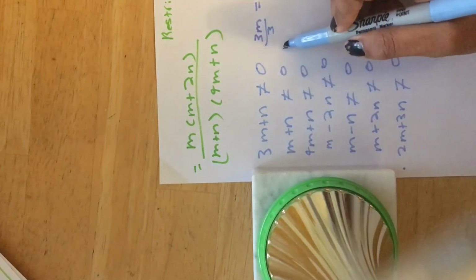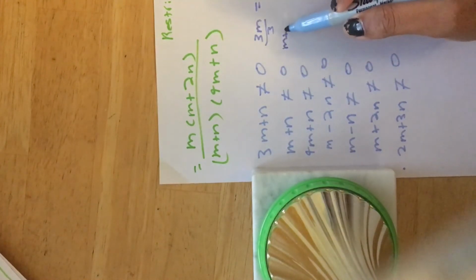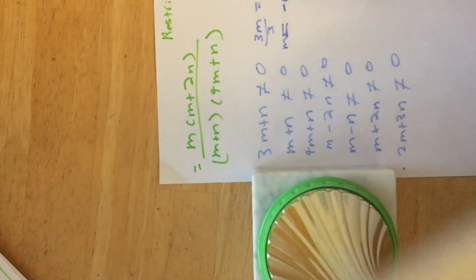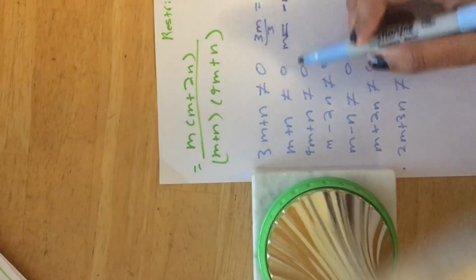Then we have m + n can't equal 0. So we move the n to this side, and that's negative n. So m can't equal negative n.